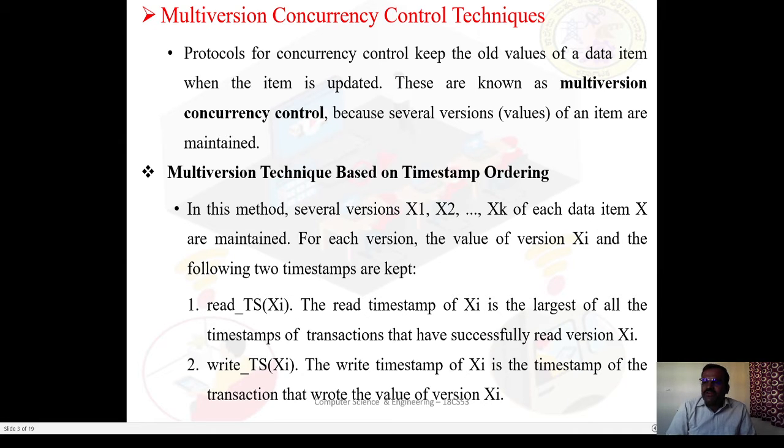Correspondingly, when a transaction T is allowed to read the value of version xi, the value of read_TS of xi is set to the larger of the current read_TS of xi and TS(T).